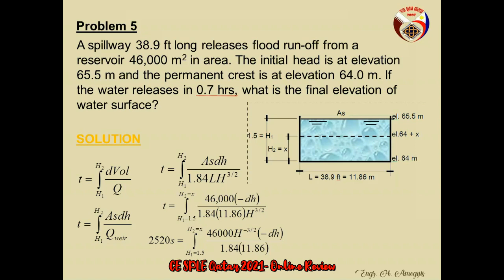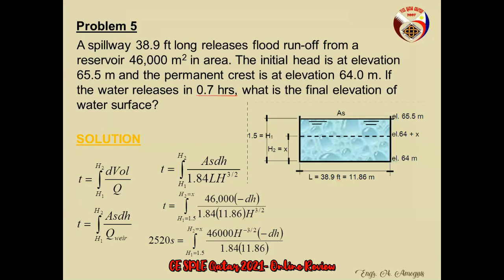So, ano yan? H raised to negative 3 halves, so this is H raised to 1 half over negative 1 half, di ba? From H1, from 1.5 to X. Ayan, so yun yung equation.